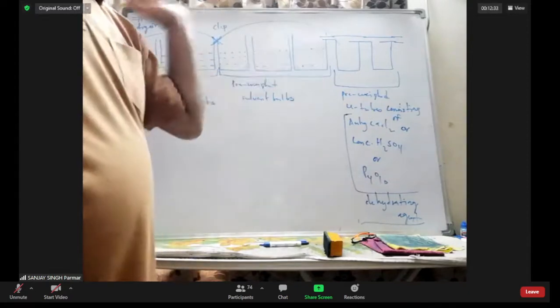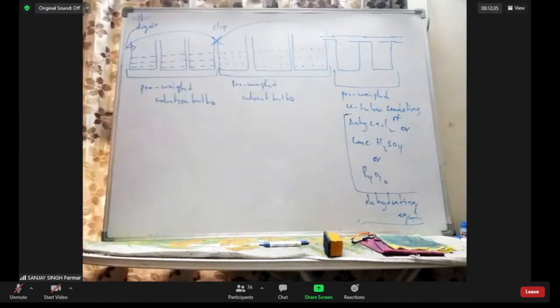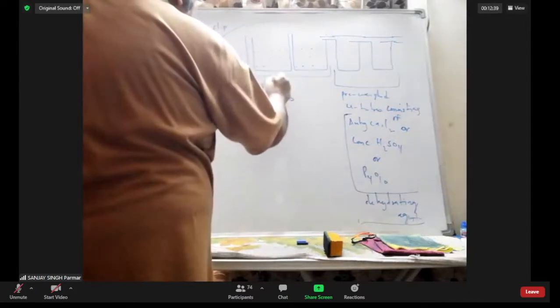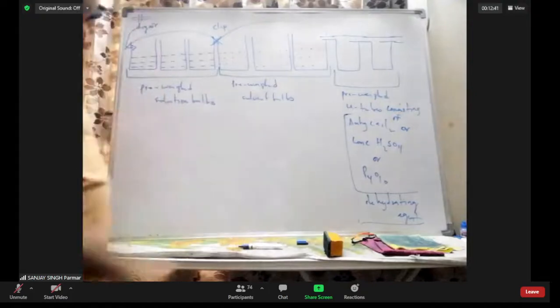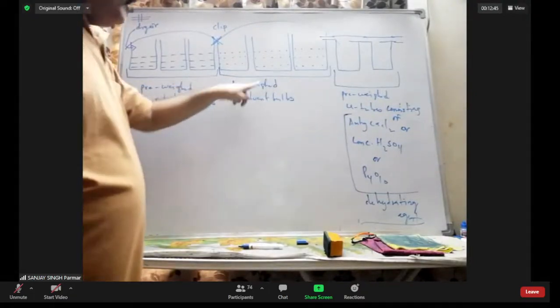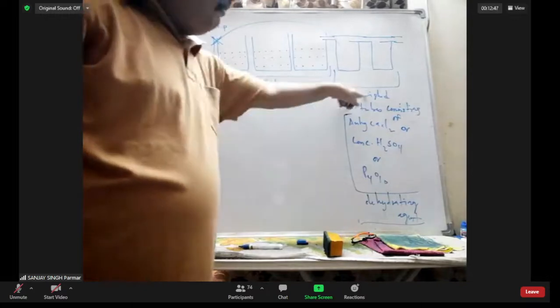Draw this diagram roughly. And here I have mentioned pre-weighed solution bulb, pre-weighed solvent bulb, pre-weighed U tubes.